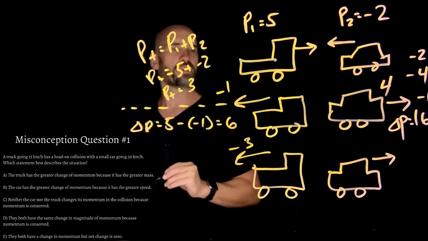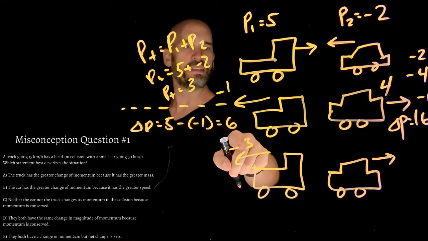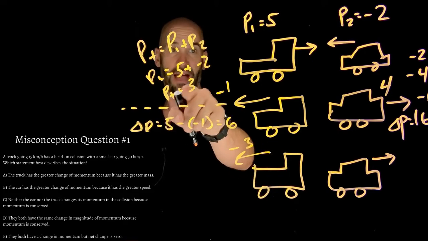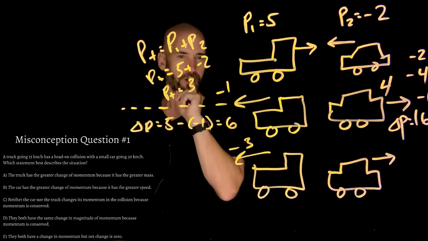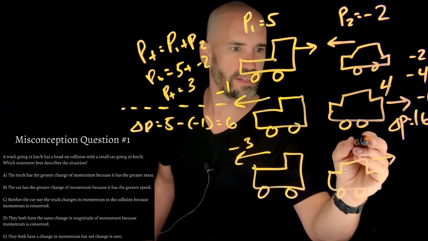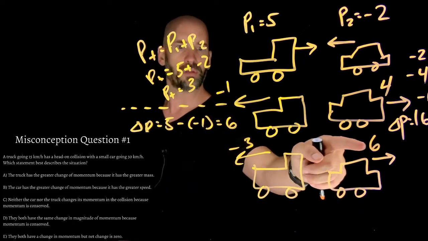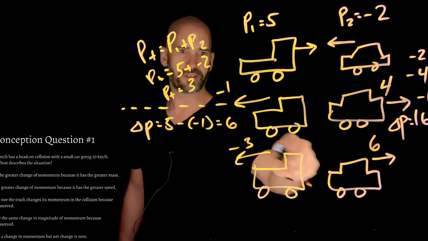What must be the momentum of this car? Well, what do we need to add to -3 in order to get a net momentum of +3? Because it started out with 3, it needs to end with 3. I would say it would have to be 6, because 6 plus -3 is 3. So that would be momentum being conserved.